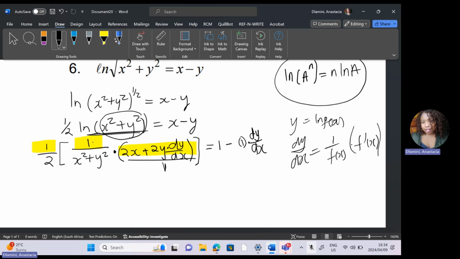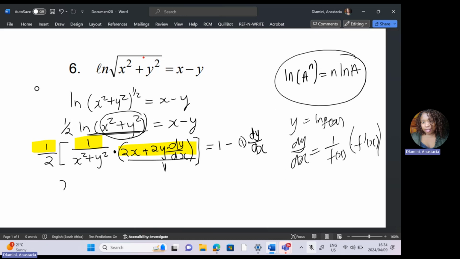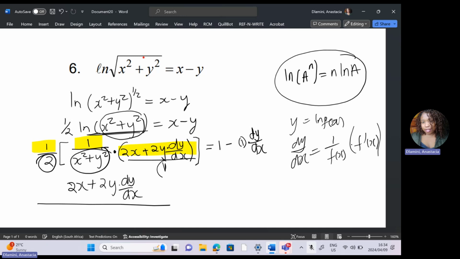So then this will be 1 times 2x plus 2y times dy over dx. We have 2x, so that will be 2x plus 2y times dy over dx. Over, now we multiply the denominators. It's 2 times 2x squared times 1. It will be 2 times x squared plus y squared.